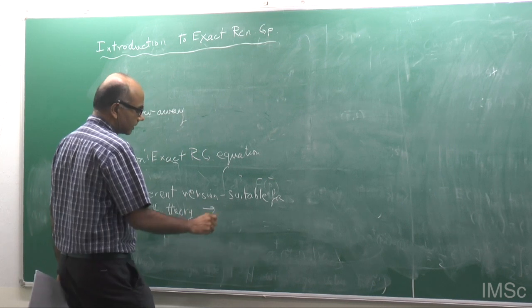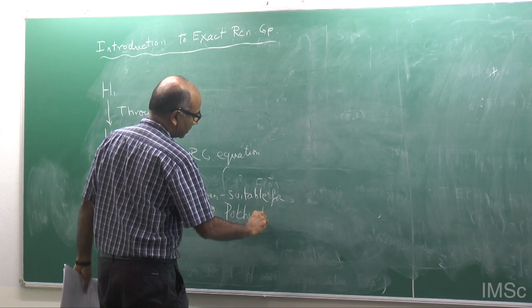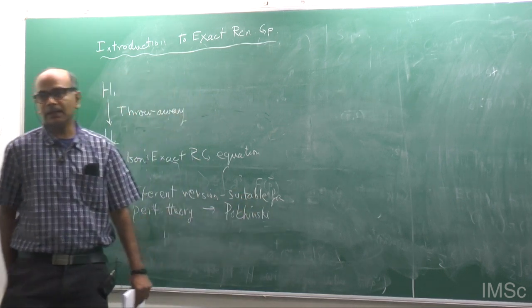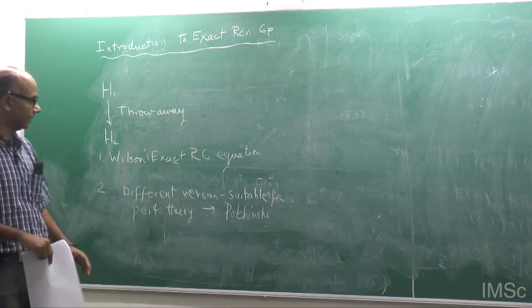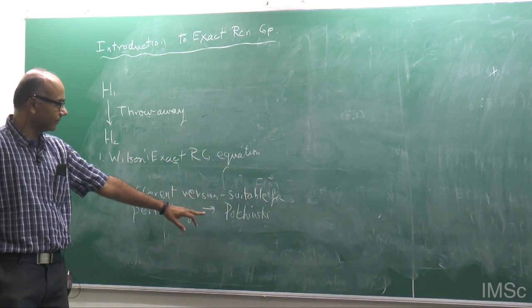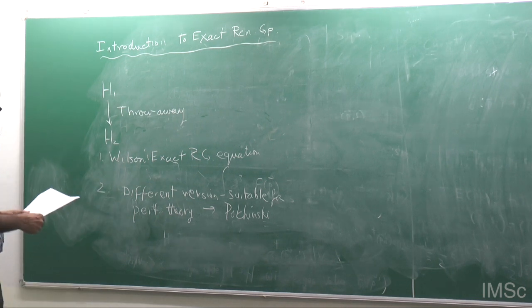This is written by Polchinski and is often called Polchinski's RG, exact RG. But they're actually related. It's not very different, but this is more convenient when you're doing perturbation theory, and this doesn't use that much.